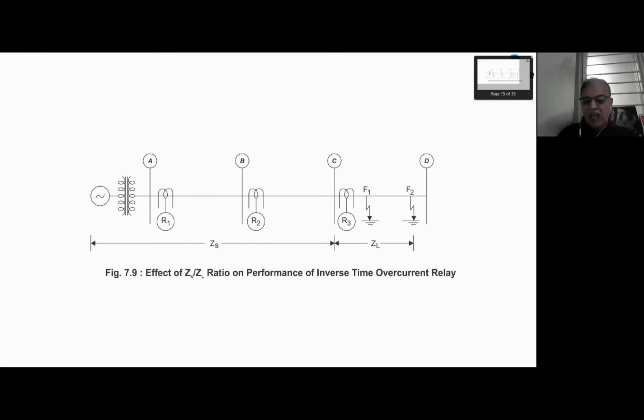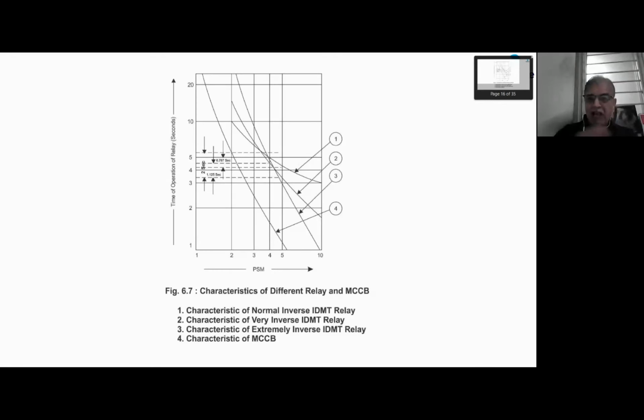That is what I require. But because the ZS by ZL ratio is large, time does not differ by a large amount because the current differs insignificantly. Therefore, the time difference is just 0.7 second for two different currents, right?